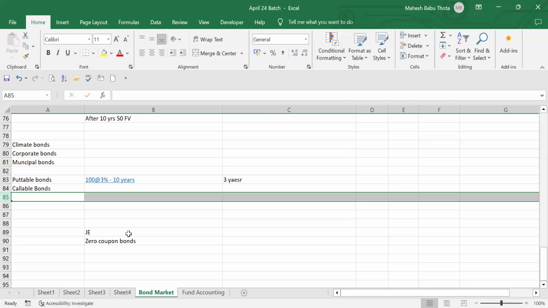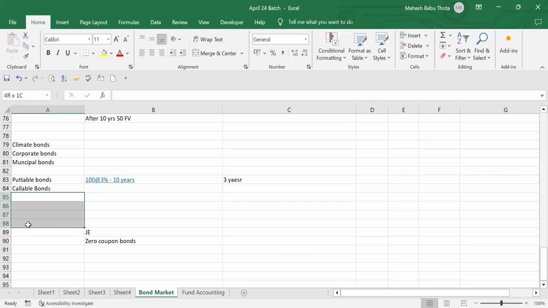I still have to cover a few more types of bonds and the reference rates of interest. Then I'll cover these concepts. I have to talk about day count conventions, dirty price, clean price, and the pay down concept. These are all concepts of the bond market, and I'll discuss all of them.